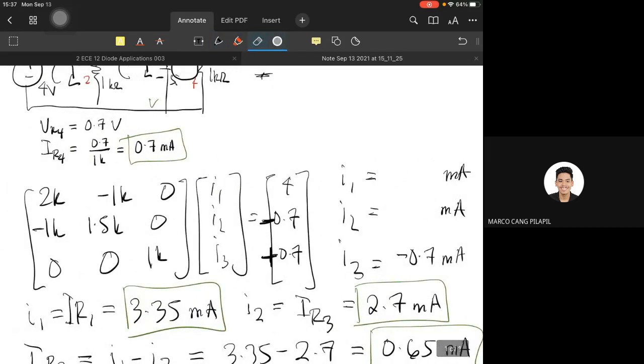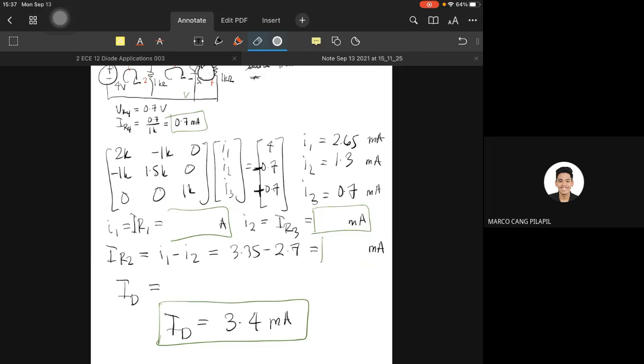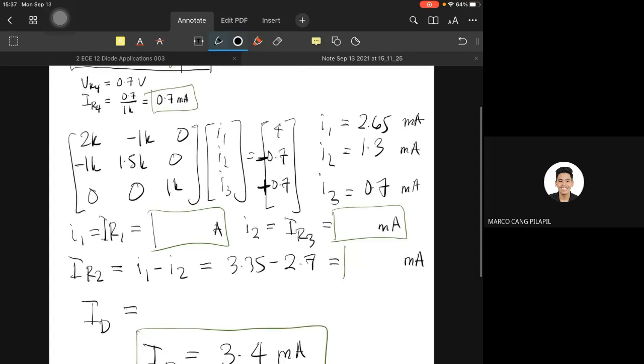So sayop na sila. 2.65, 1.3, and so the same 0.0, 0.7. At least nitugma itong 0.7. I will catch you and just 2.65, 1.3.